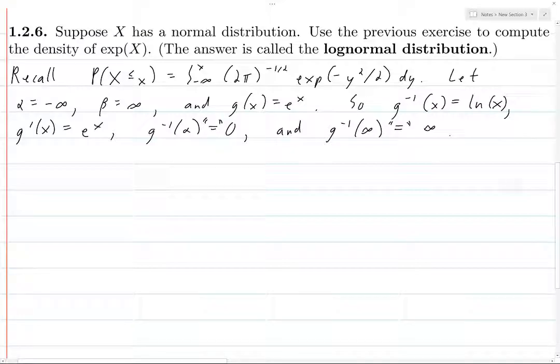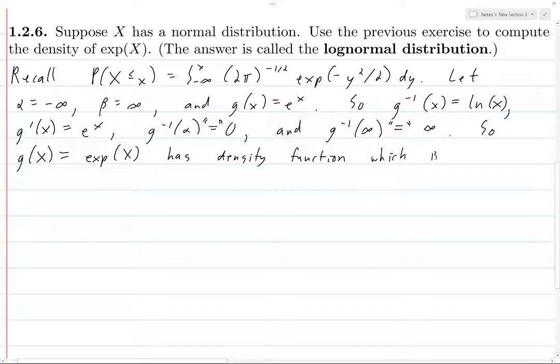And so g of x equals exponential of x has density function given by, which is supported on the interval g inverse alpha to g inverse beta, which is just 0 to infinity.